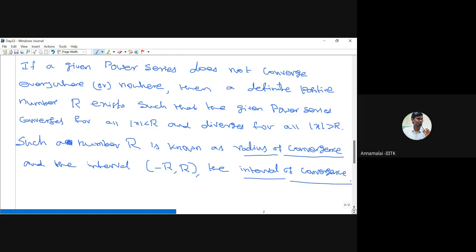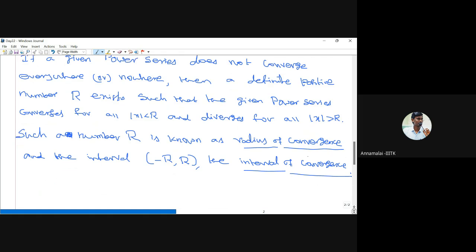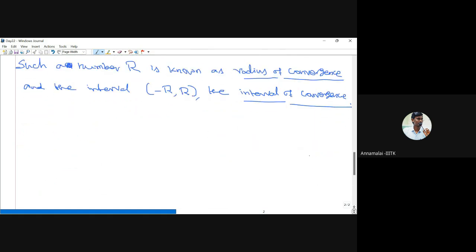Okay, we will discuss some theorems, and there is a formula for finding the radius of convergence. Theorem.